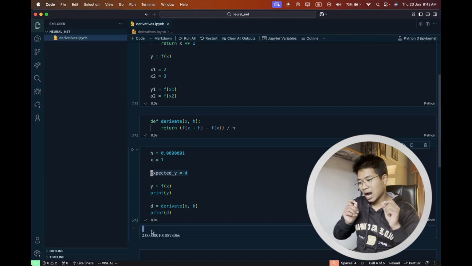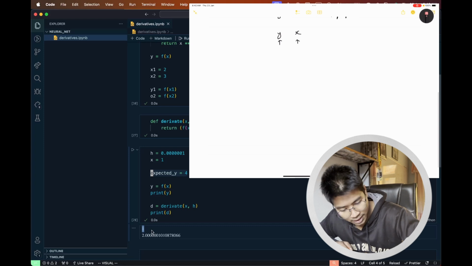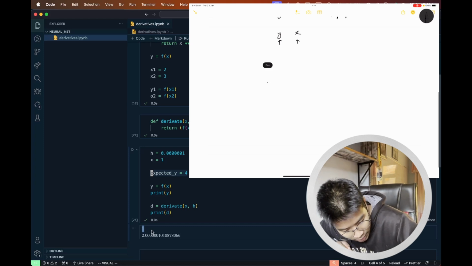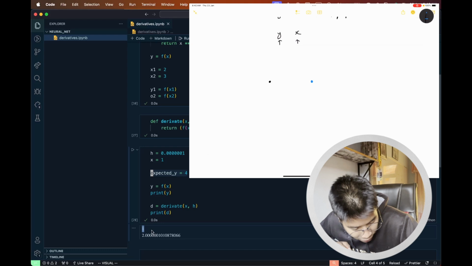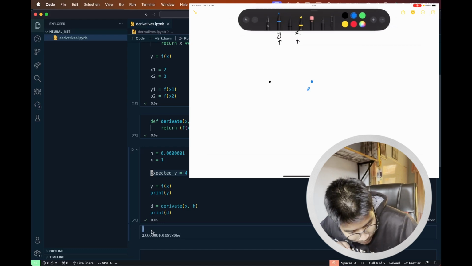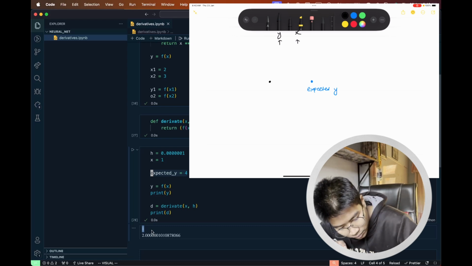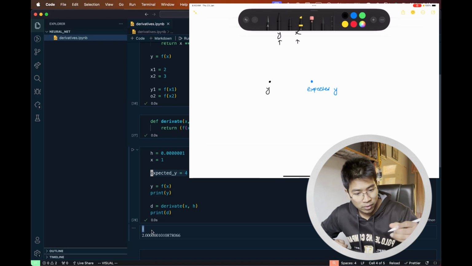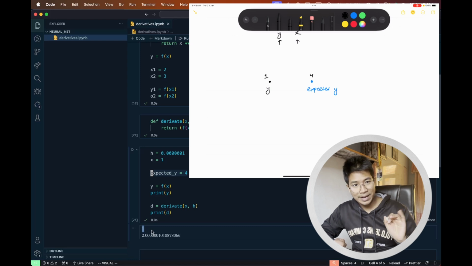Okay, so how far away? Let me show that over here. This blue point over here is our expected y. We want to make our y value 4. And over here is my actual y value that I got right now. The value over here is a 1 and we wanted to get a 4.